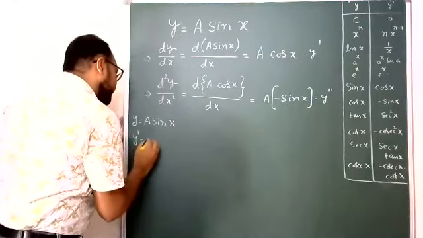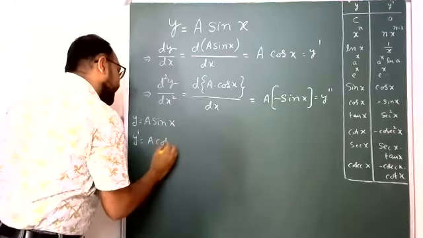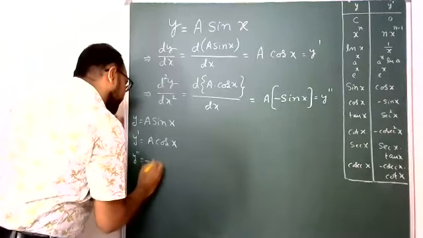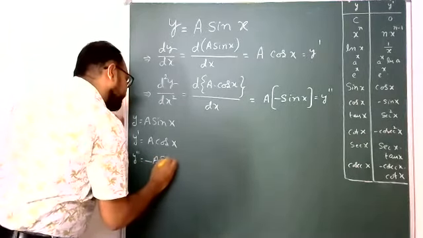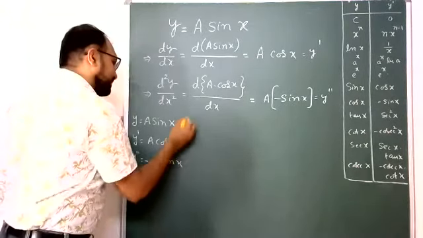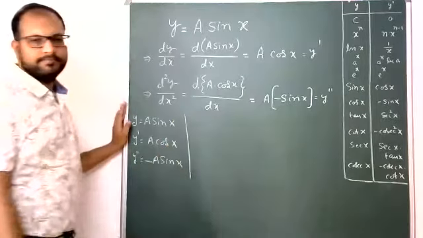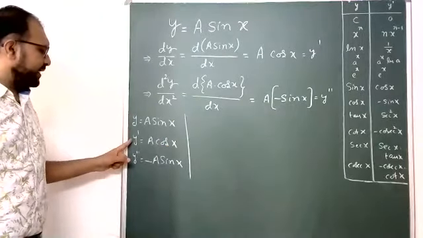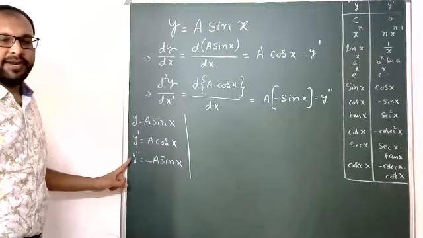First derivative is a cos x. Second derivative is minus a sin x. So function, its derivative and second derivative are clear.